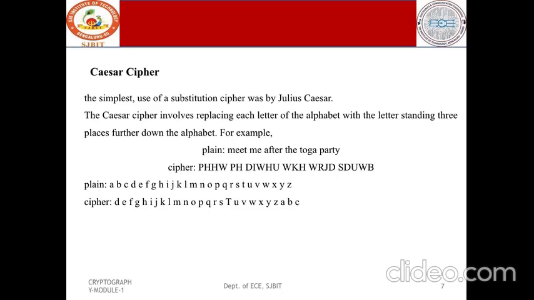Here we can note that the alphabet is wrapped around so that the letter following Z is A. We can define the transformation by listing all possibilities: A is replaced with D, shifted 3 letters ahead.